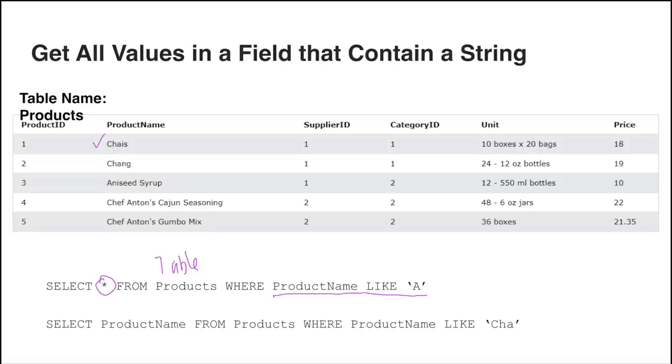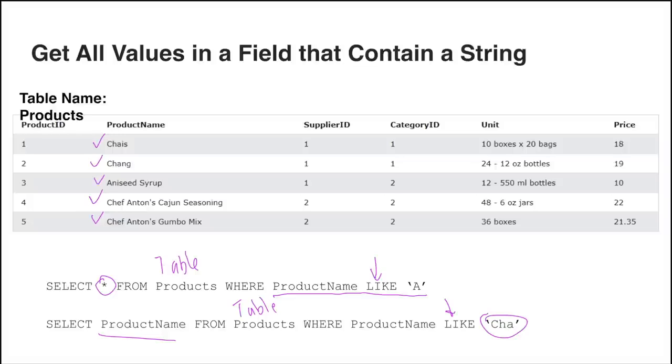That's going to be this one, this one, this one, this one, and this one. So really we're going to display the whole table basically. Not very useful. Right here, we're going to select product name. We're just going to display the product name field from the table products where product name has cha. That's what the like keyword does. That like is checking for a specific string.